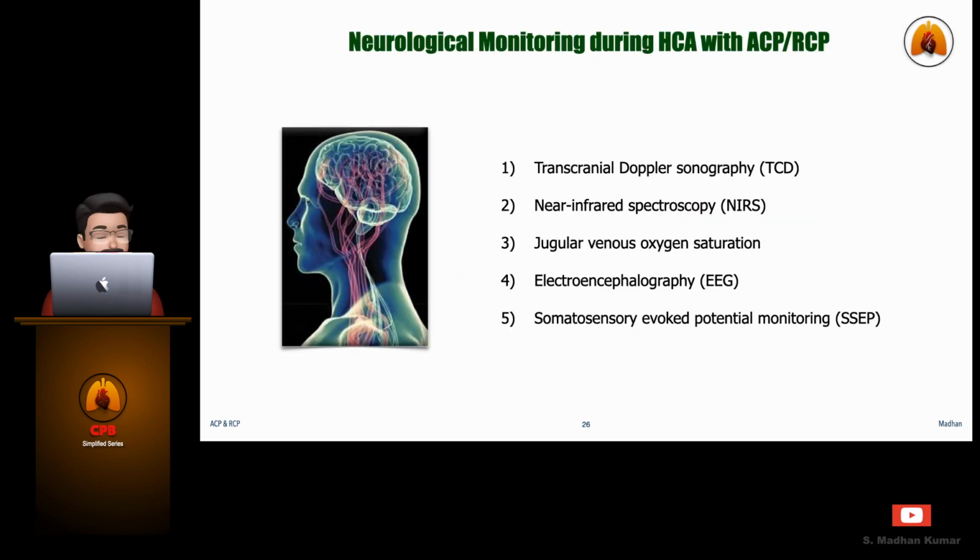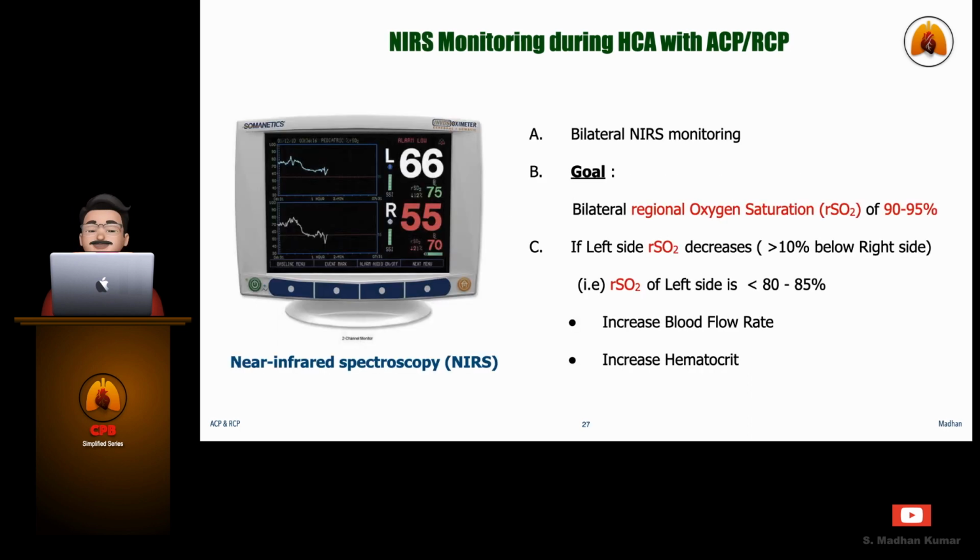Transcranial Doppler sonography, near infrared spectroscopy, jugular venous oxygen saturation, electroencephalography, and somatosensory evoked potential monitoring are used as the neurological monitoring during HCA with ACP and RCP. Most commonly, NIRS and TCD are used for cerebral physiological monitoring for cerebral blood flow velocity and regional oxygen saturation.